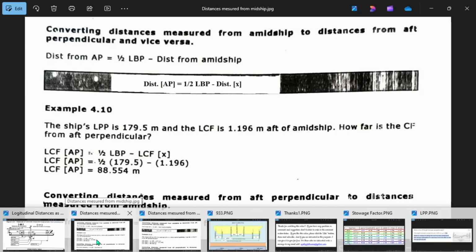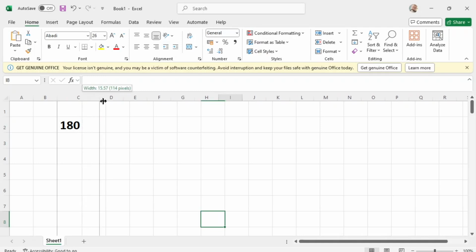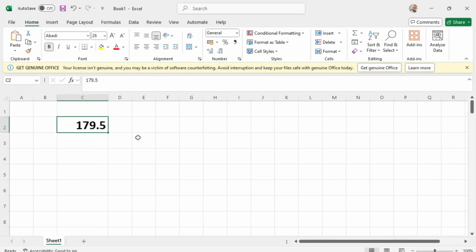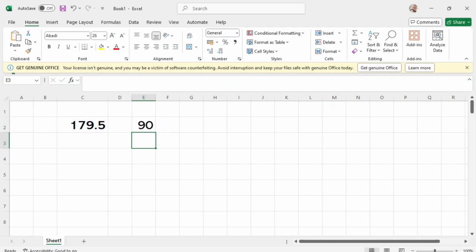It says here 179.5. So you put here 179.5. Okay? Then click, divide by 2. What is 1/2 of 179.5? That will be about 90.